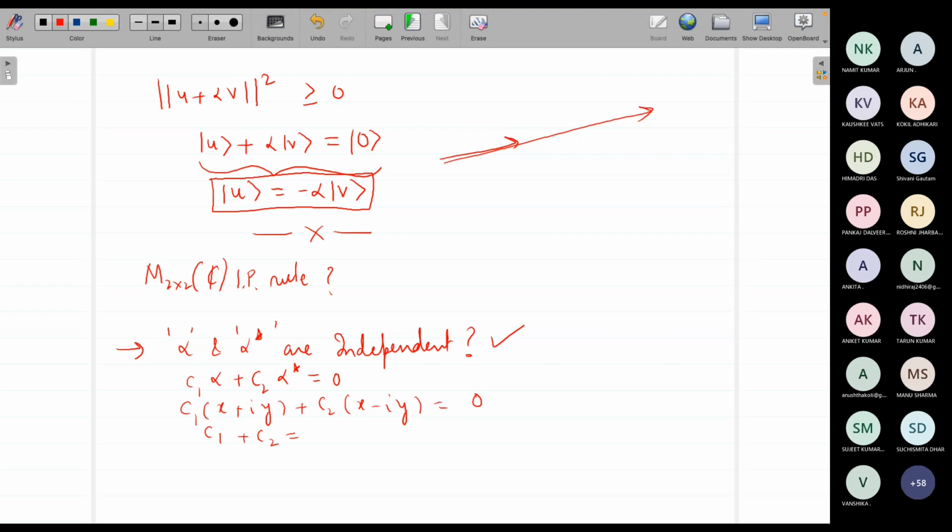So coefficient of x equal to 0, and coefficient of y, what will that be? C1 minus C2 equal to 0. What will these two give? C1 equals C2 equals 0. You will figure out that this will be equal to 0 and you will be able to say that, at least in terms of first principles, alpha and alpha star are independent of each other. This is the simplest way of showing that.